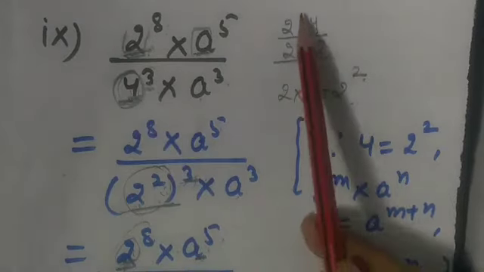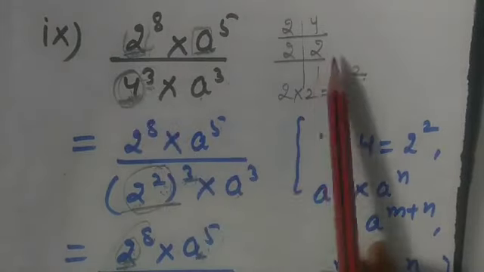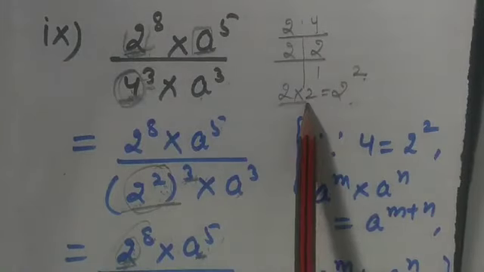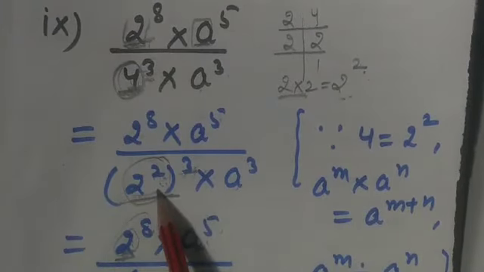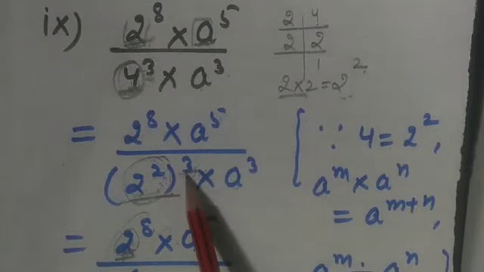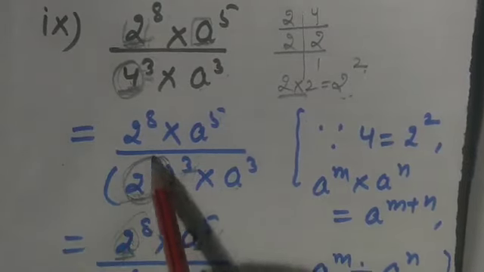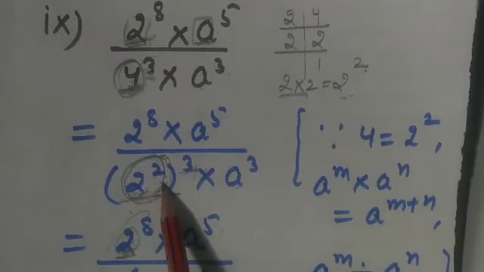So first I have to convert this in the powers of prime. So for that I have to take prime factorization of 4, the number which is present. So prime factorization of 4 is 2 into 2 and it can be written as 2 square. So in place of 4 I have written 2 raised to the power 2 and this 3 remains same. Okay, I have replaced 4 with 2 raised to the power 2 because this is our first step, that convert every number in the powers of prime.